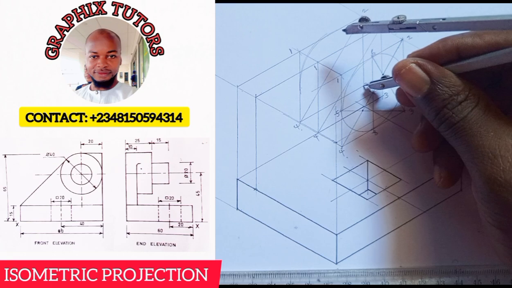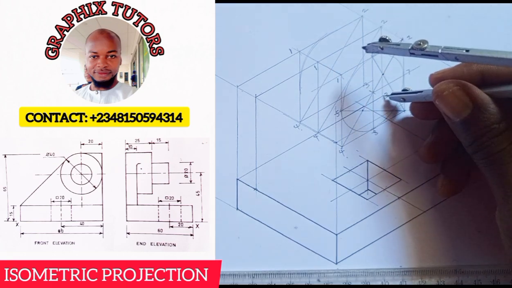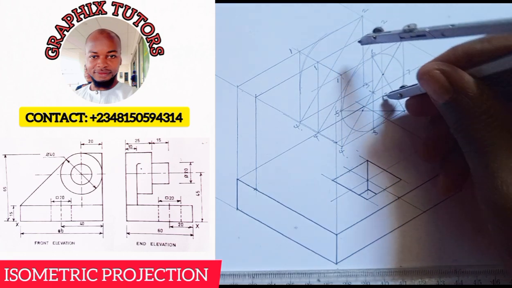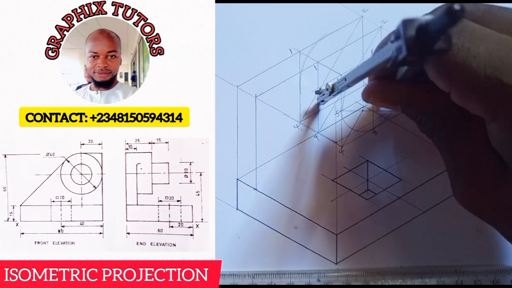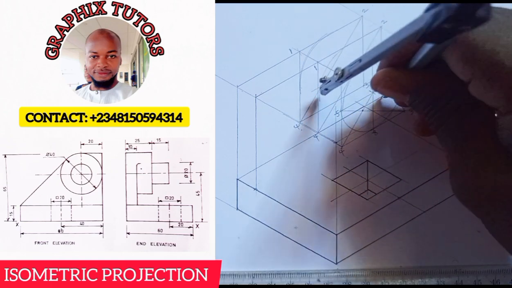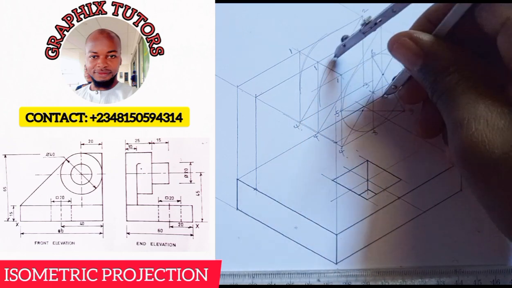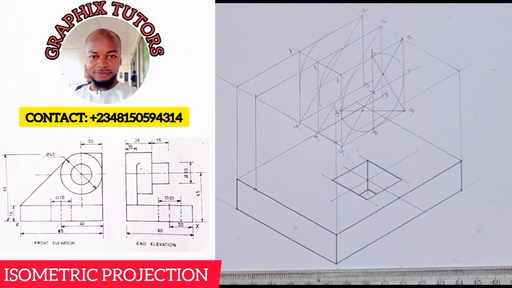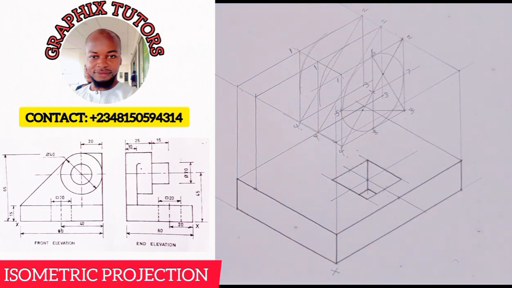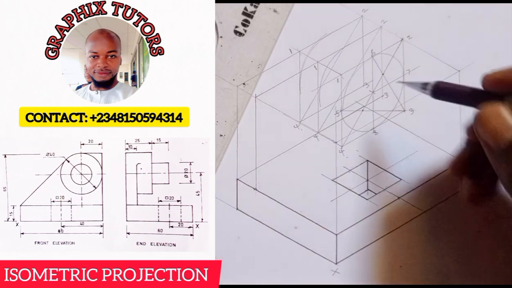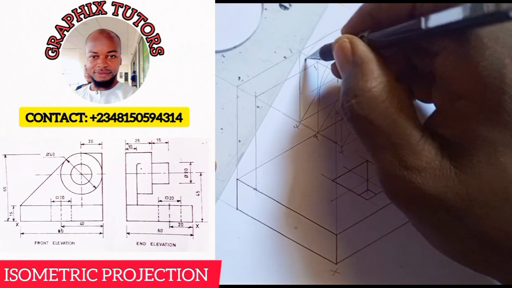Can you see that? Similarly, I'll place it at 3 also here to join the other side to here and here. Hope you can see that. So that will now make me, from the line you see here, this line you see is inclined, meaning that the end here is inclined to this point here.